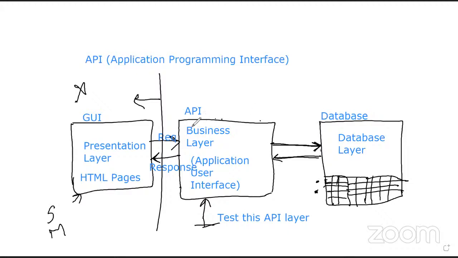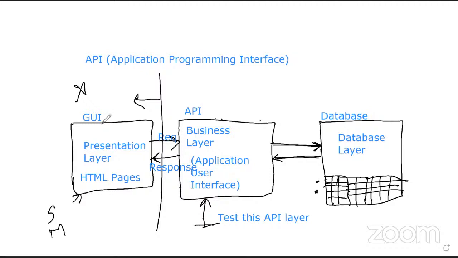When they start developing these APIs, we will start testing from that point. Maybe the UI is not developed at all, or maybe it is, but we will not look at the UI. Directly, we will hit the API. Hit means we take the endpoints, the URLs, the URIs, send the request and check the response.